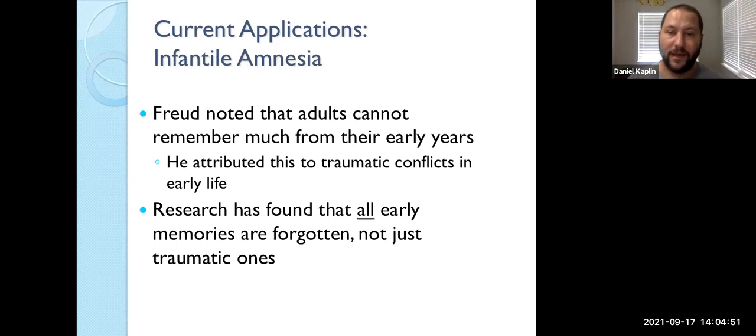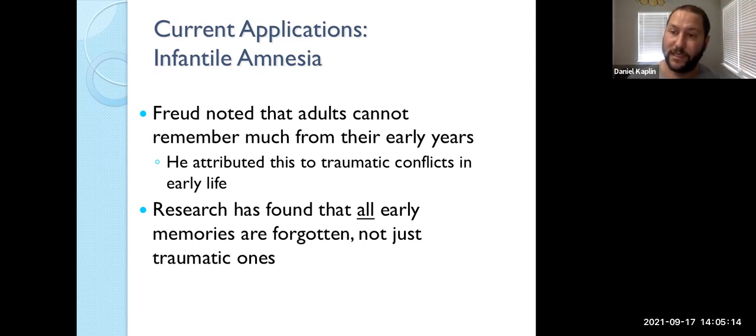Now we have infantile amnesia, and that's important because Freud noted that many adults can't remember things from their early years. In fact, research suggests that our first memories are formed at about the age of 3, and we engage in infantile amnesia for our memories before that.